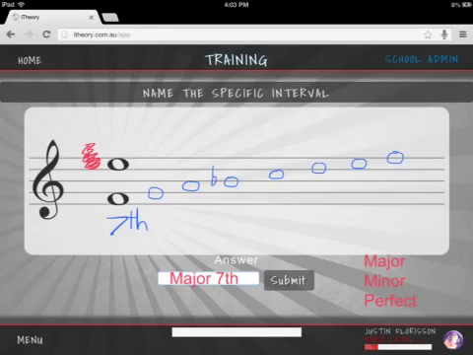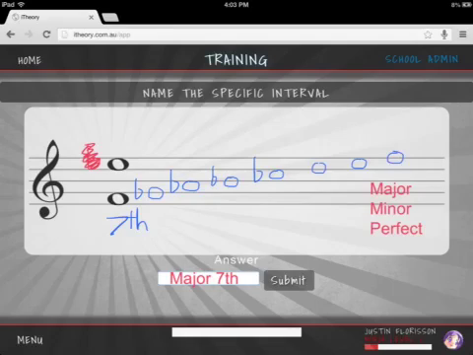Now, all of these intervals, F to G, F to A, F to B flat, F to C, F to G, these are all major intervals as such. So this would be a major second, a major third, major fourth, major fifth. And then to get minor, you just put a flat or lower it a semitone. So F to G flat would be a minor second, F to A flat would be a minor third, etc., etc.